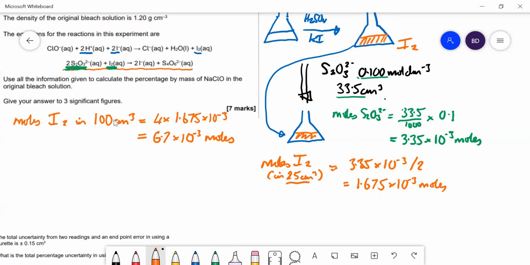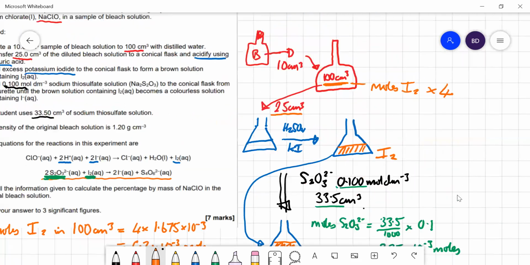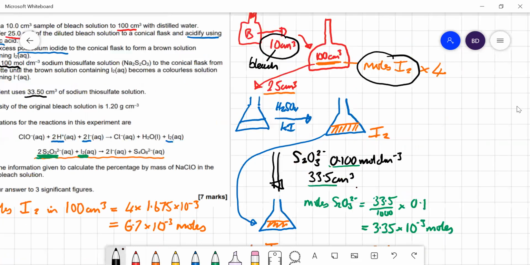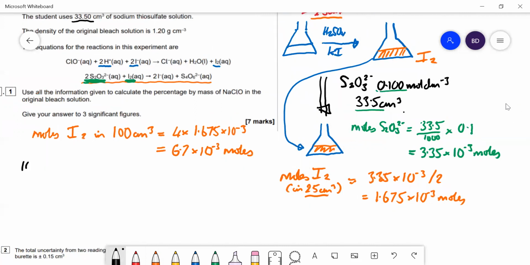Now let's see where that came from. If we look at the original little pictures we've drawn up here, we can see that all of the iodine in this came from just 10 centimeters cubed of bleach. Sorry, before we do that, we need to go backwards.